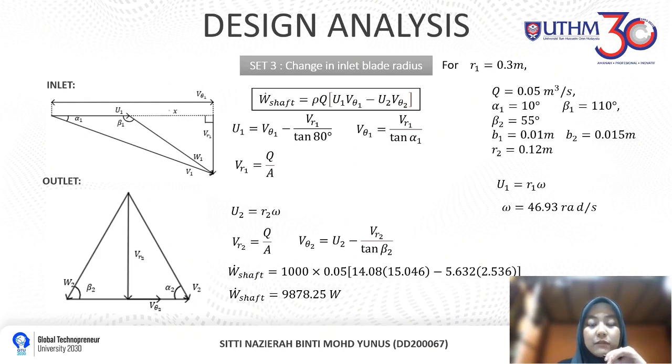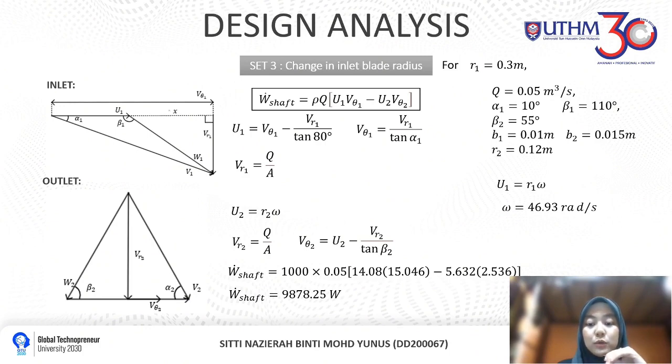The power shaft is calculated the same way as in set 1 and set 2. The formula is W dot shaft is equal to rho Q multiplied by U1 V theta 1 minus U2 V theta 2. To find U1 and V theta 1, we first calculate VR1.